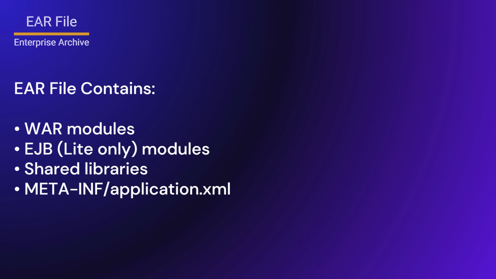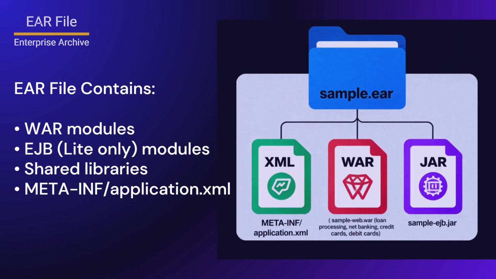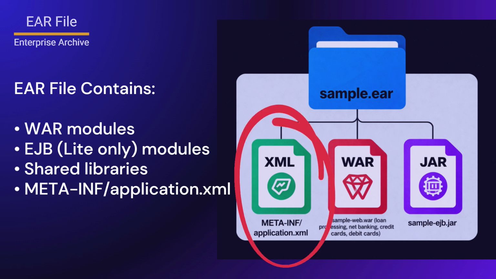For example, there is a banking application, and inside that banking application there are multiple applications, like credit cards, loan processing, debit card, net banking or mobile banking. So these are all different applications incorporated into an EAR application. All these application references are added into the application.xml deployment descriptor.